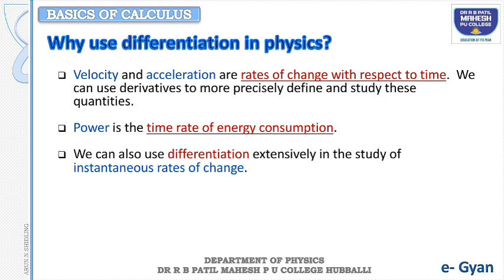Then how can the speedometer give you the exact speed value at that point itself? It is giving you the speed exactly at that point just by the concept of calculus.